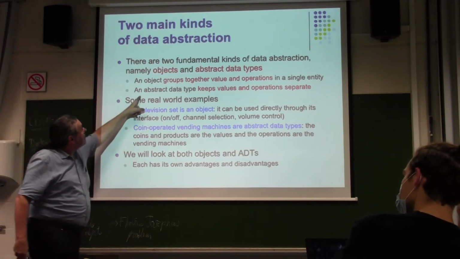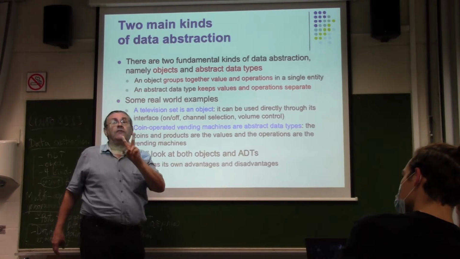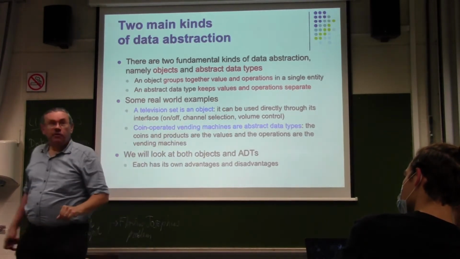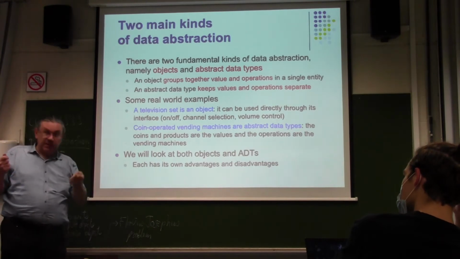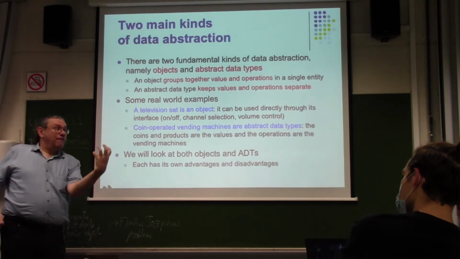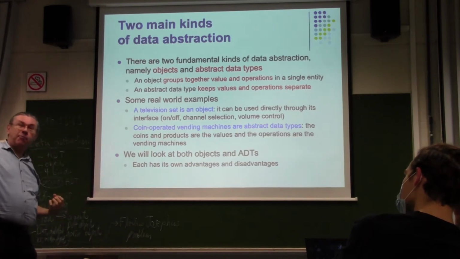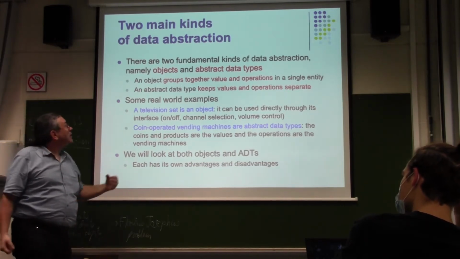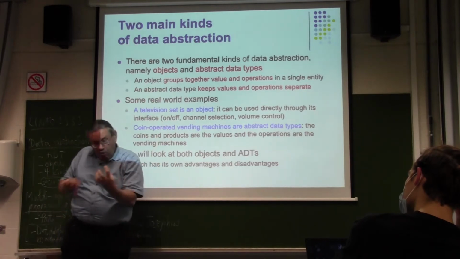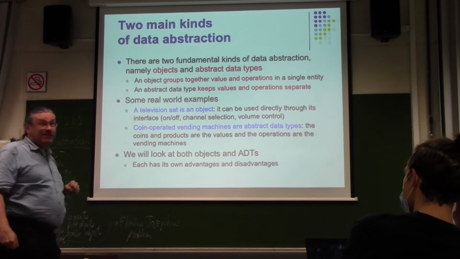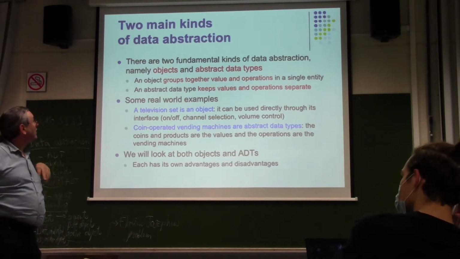But an abstract data type has two kinds of things: the values and the operations. So if I have integers, 5 and 6, I do 5 plus 6. The 5 is just a value, and the plus is an operation. Okay? But in an object, the 5 would already have the operations inside of it. There would not be other kinds of things.